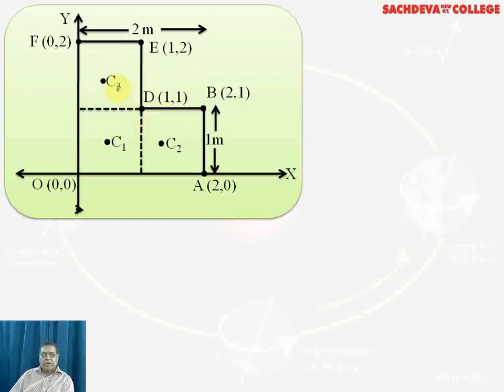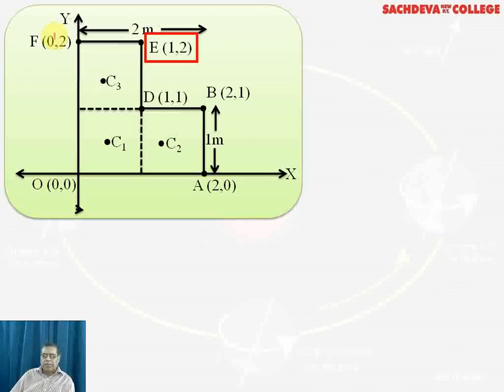Now in the above square, we find F is (0, 2). That means there is no length on the x-axis, but 2 on the y-axis. So the point has no length along the x-axis, but breadth 2 along the y-axis.